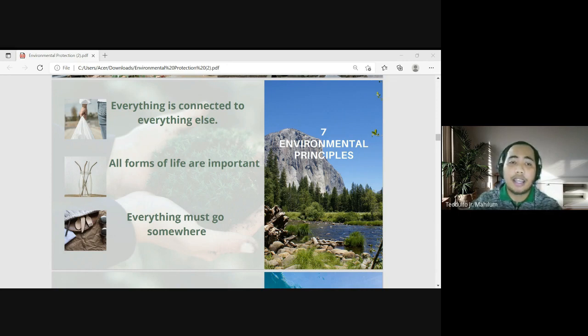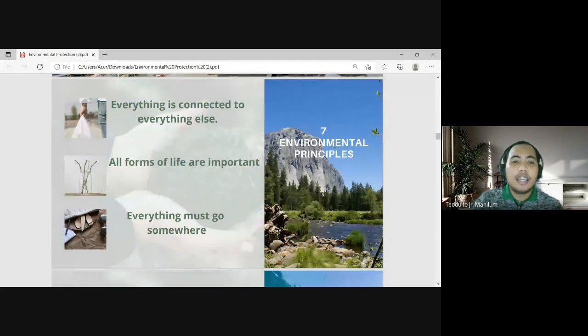Now, the variety of life forms manifested by the different levels of biological diversity, community, species, and genes actually contributes to the stability of the environment. And do not forget the importance of food webs and food chains.